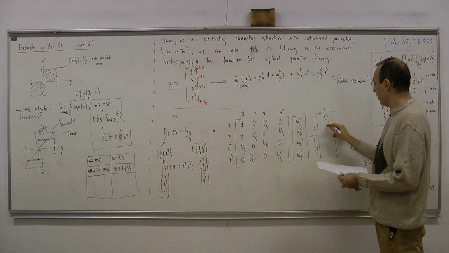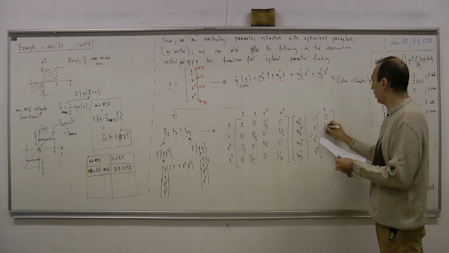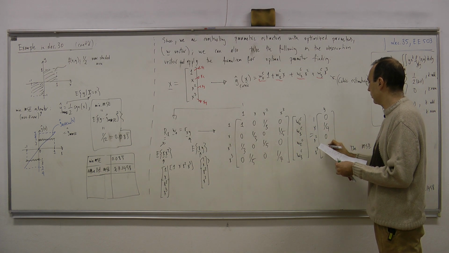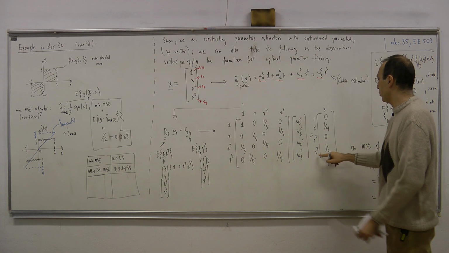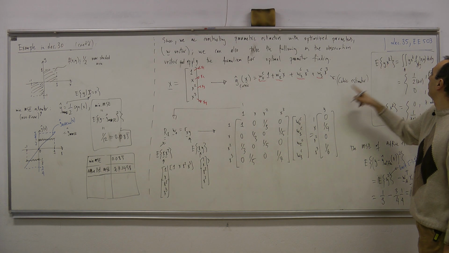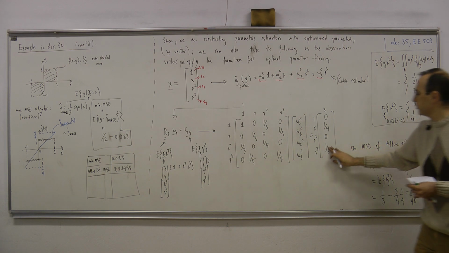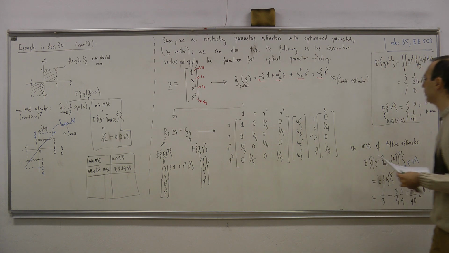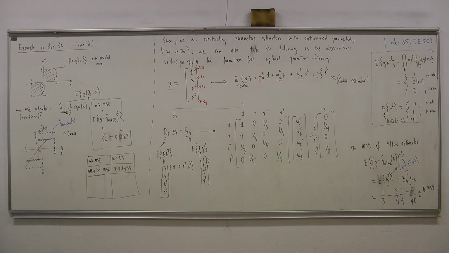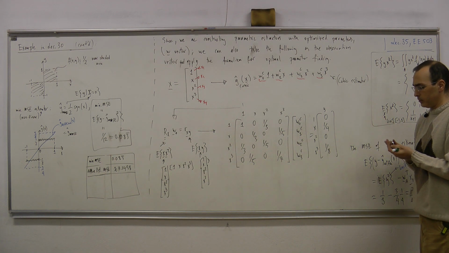X times y is equal to 1 over 4. This is equal to 1 over 6. X cubed times y, when k is equal to 3, this is 1 over 8. So I should find the solution of this.